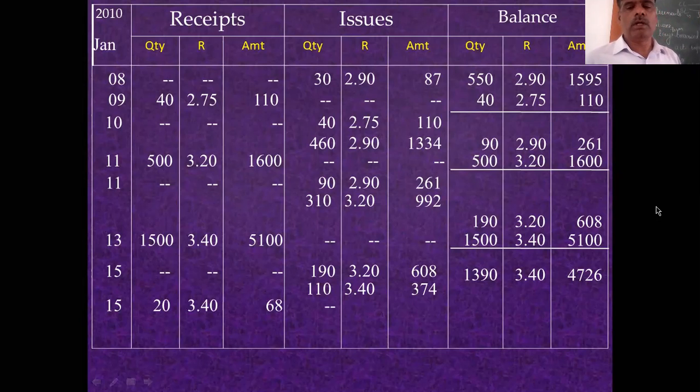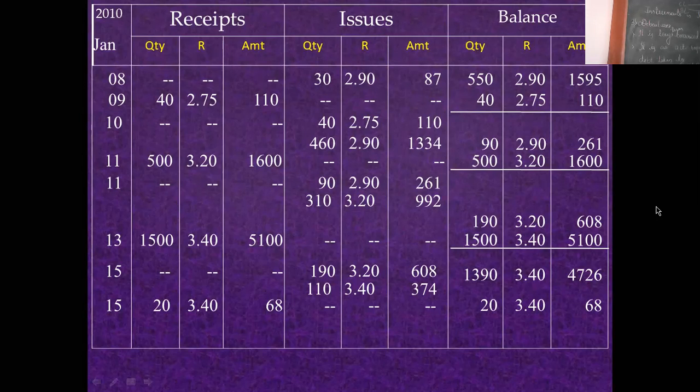68 is the amount. You take it to the balance column. In the balance column we enter. Then if you want to find the closing stock, it is 1410. 1410 is the closing stock quantity. And you take the total of the amount column and don't take the total of the rate. Remember this.